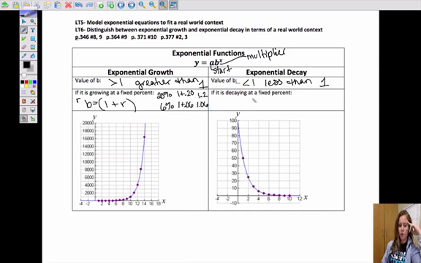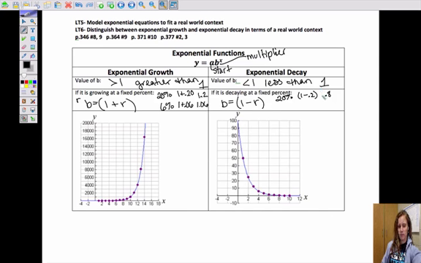If we're decaying, then b is going to equal 1 minus that r. So if we're decaying at 20%, then we take 1 minus 0.2, and our multiplier will be 0.8. Okay? So that makes sense. Then our b is less than 1. We're keeping 80% of our value because we're losing 20% of it.